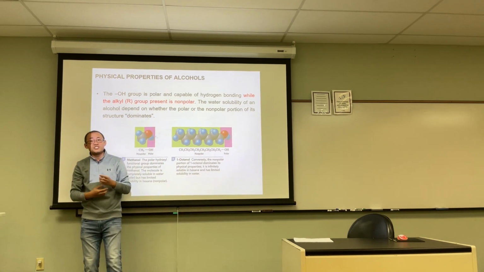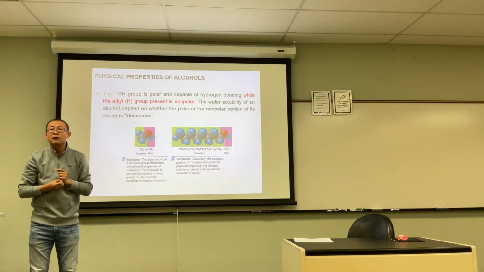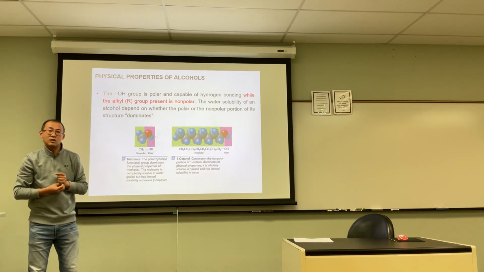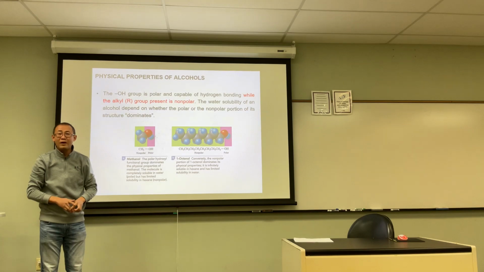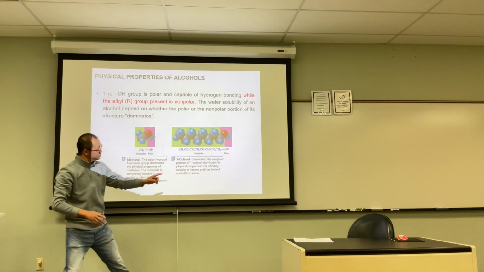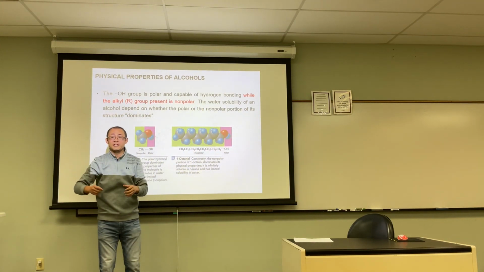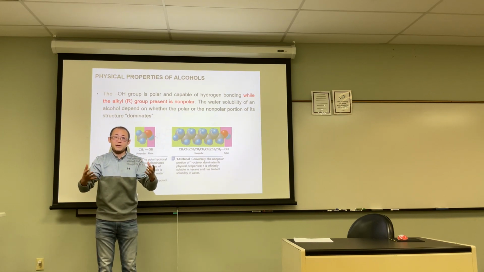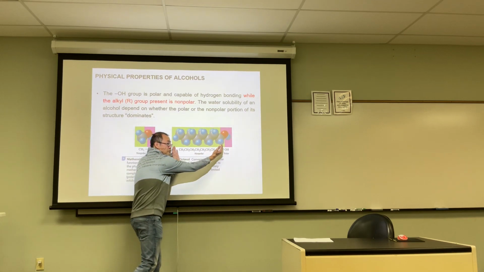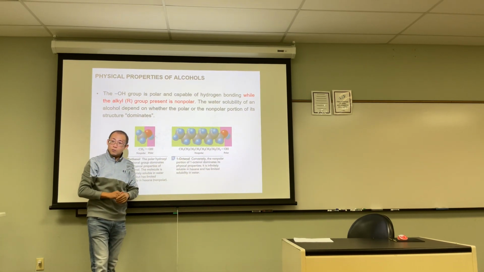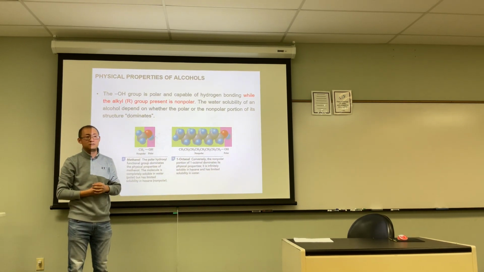We know hydrocarbons in chapter 1 are not soluble. So when the R group is big, the OH won't be that dominant anymore. Which is more dominant? The tail. The big part, the carbon chain, will be more dominant.